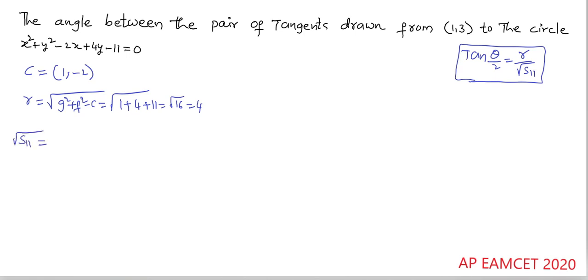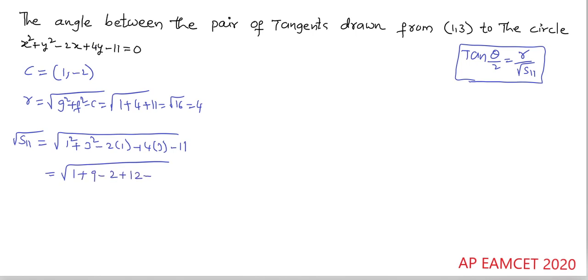Here the given point is (1, 3), substituting in the circle equation, root S11 is the root of 1 square + 3 square - 2 into 1 + 4 into 3 - 11, that is under root of 1 + 9 - 2 + 12 - 11. 1 + 9, 10, 10 - 2, 8, 8 + 12, 20, 20 - 11, that is root 9, which is equal to 3. Therefore, for the angle between the tangents, tan theta by 2 is equal to r by root S11. Here r is 4 and root S11 is 3.